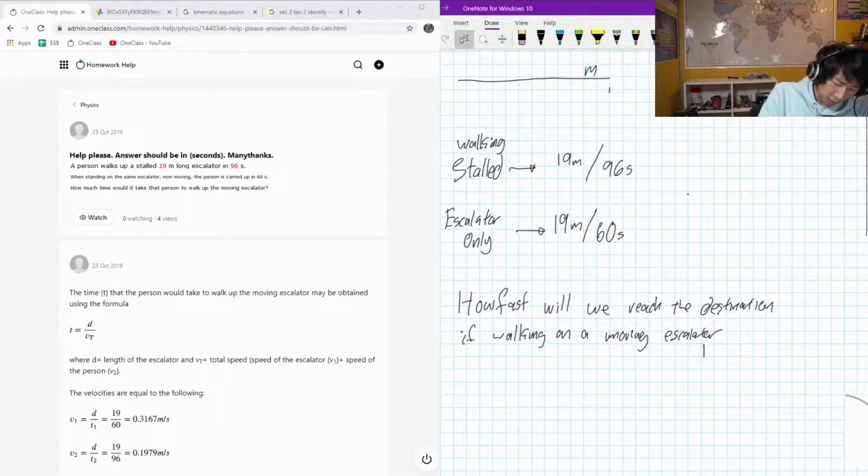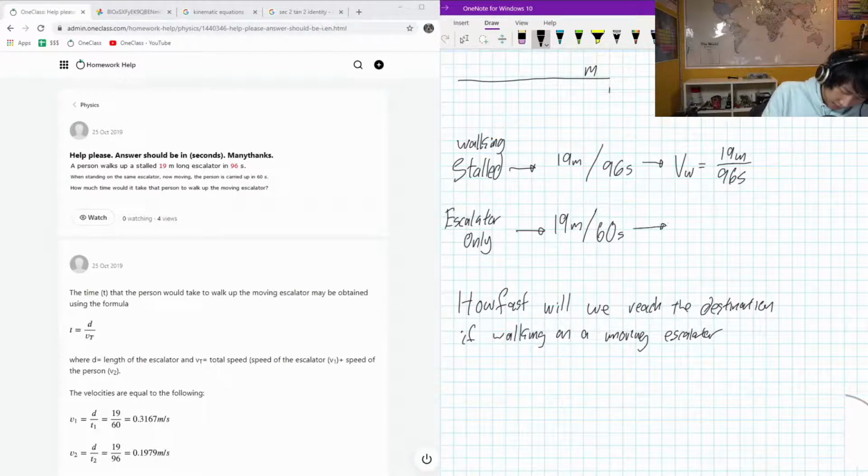Okay, so our walking speed, our VW for walking, is just going to be 19 divided by 96, 19 meters per 96 seconds, and our escalator speed, let's call that VE, is going to be equal to 19 meters per 60 seconds. I'm not doing the calculation right here because I don't want to be rounding them and introduce error into our calculation.